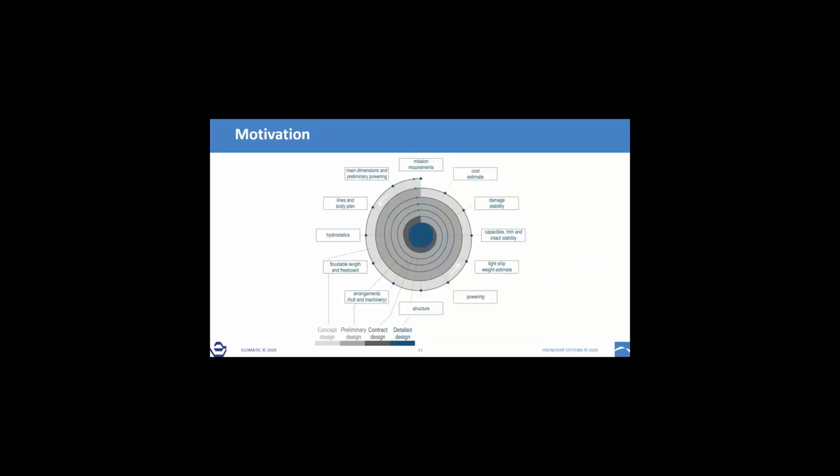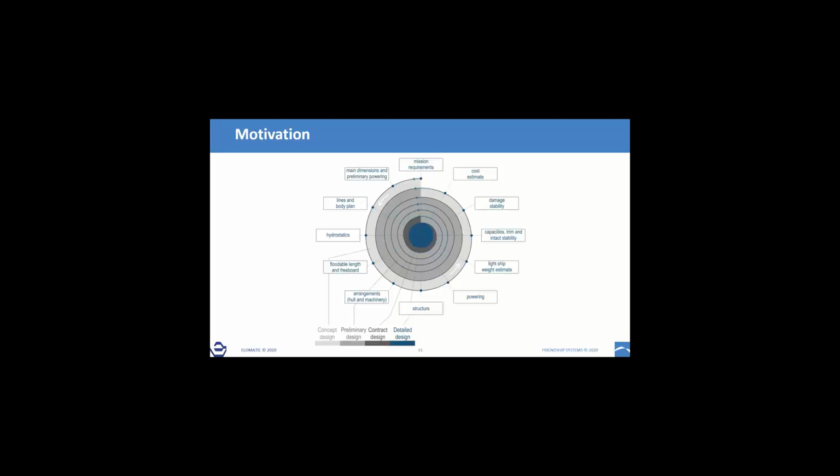The motivation of HolyShip: I think most of you are familiar with the so-called design spiral that we see here in the picture, where in the design process of a ship, you have to go through many different disciplines and check properties of the ship for different fields.